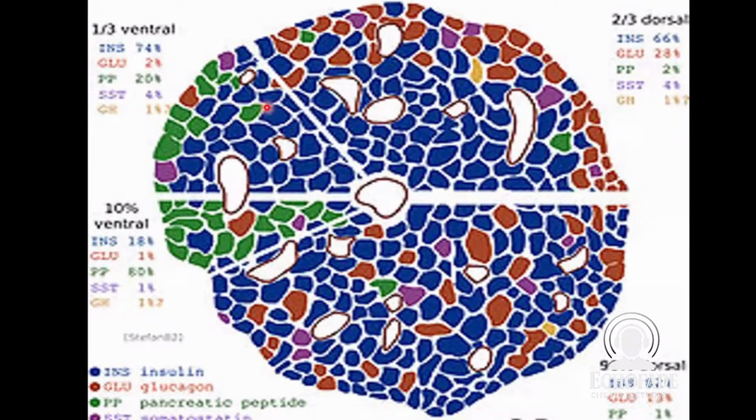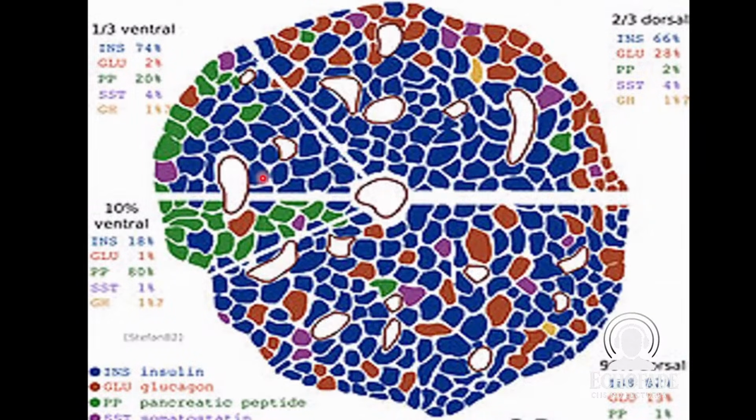The blue cells are insulin secreting cells, so they are B cells. These other cells are the glucagon secreting cells. Notice they are normally at the peripheral part, but the majority of the B cells are central.